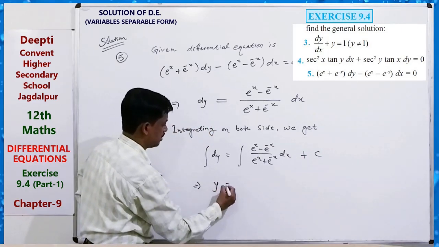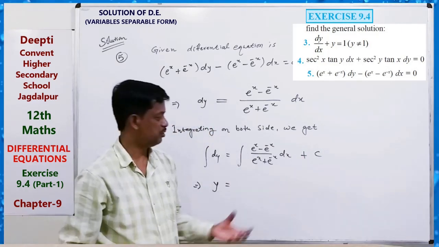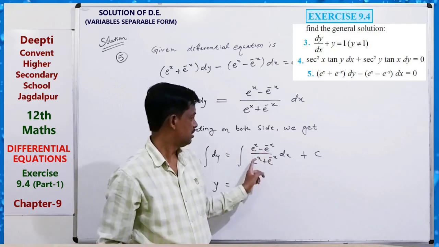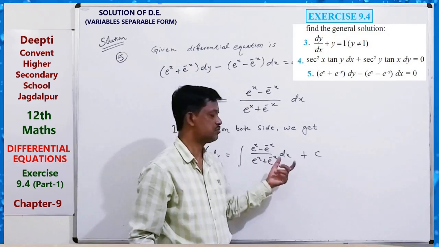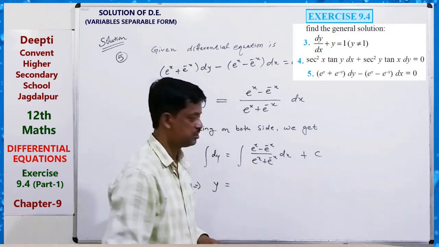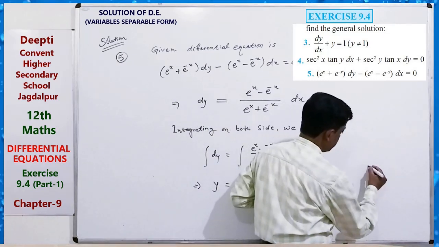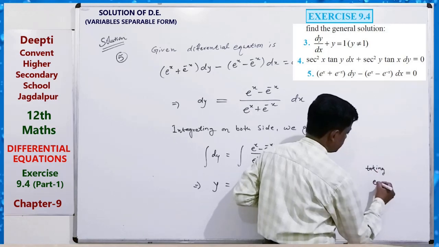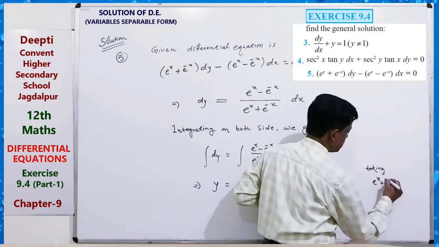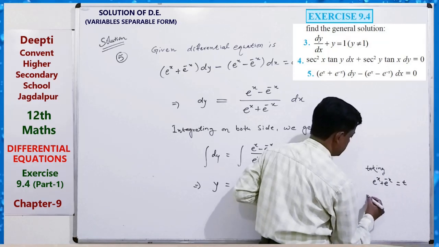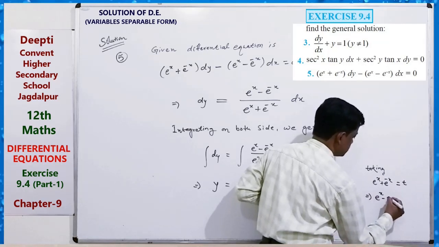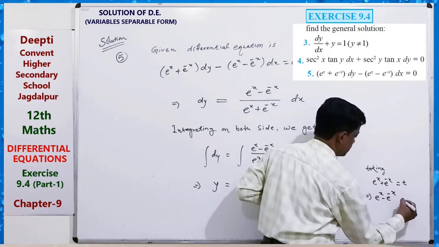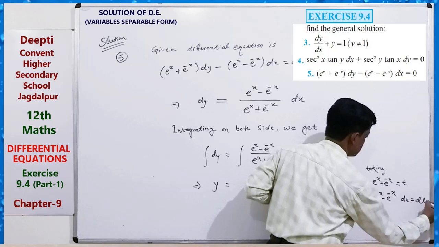Very simple. If we put this equals to t, taking e to the power x plus e to the power minus x equals to t, then e to the power x minus e to the power minus x dx equals to dt.